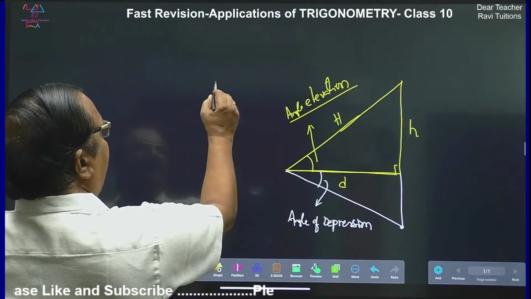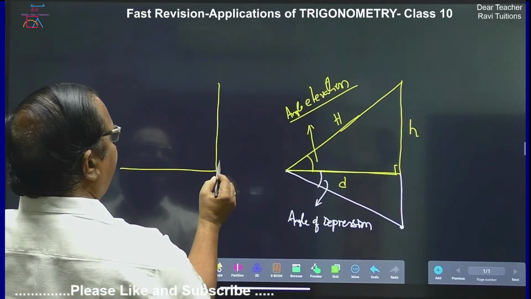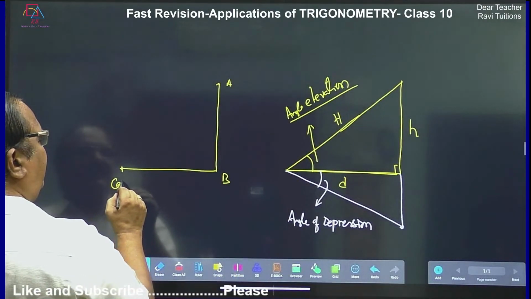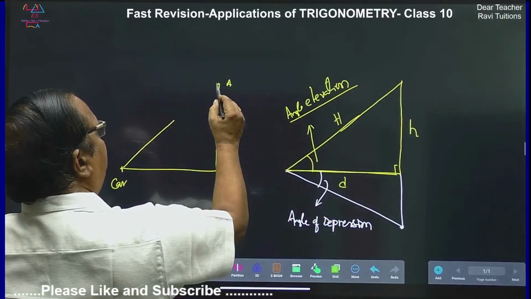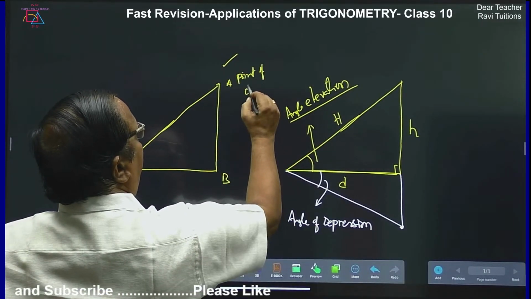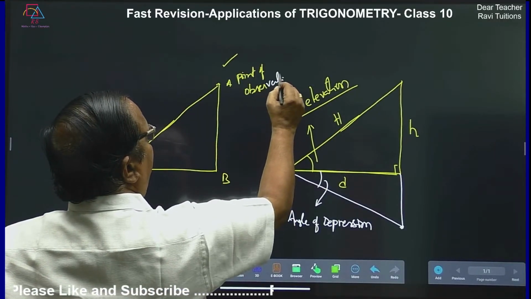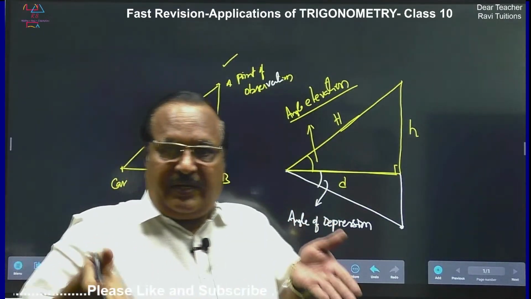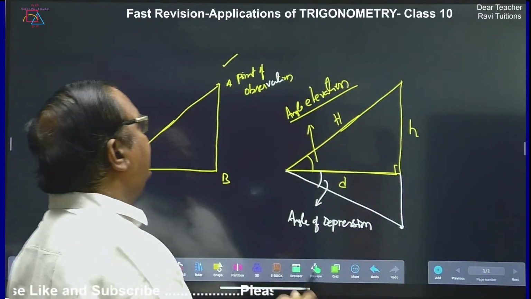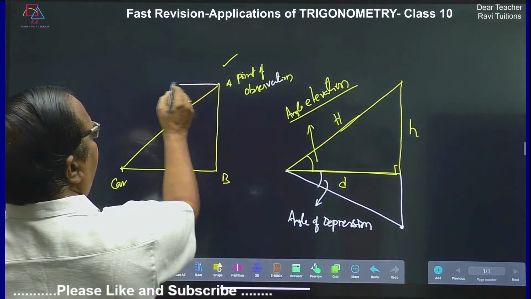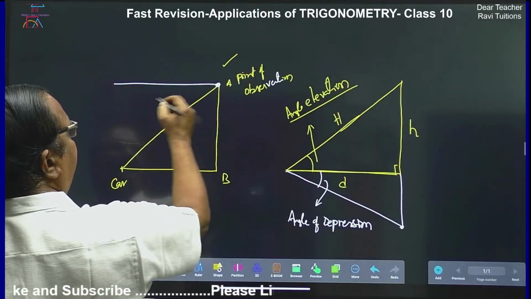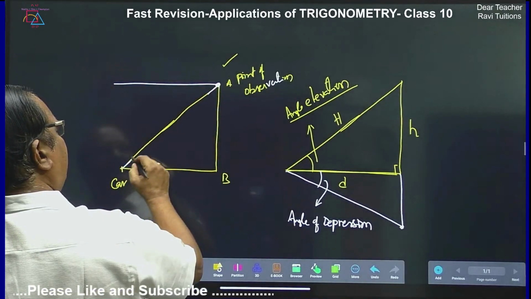For example, this is a tower, a person is observing from the top of the tower, and this is a car. From the tower he is observing, this is the point of observation. He is looking down. When he is looking down, what happens? Depression will come, because here you have to draw a horizontal, as this is the point of observation. From this he is observing the car down.